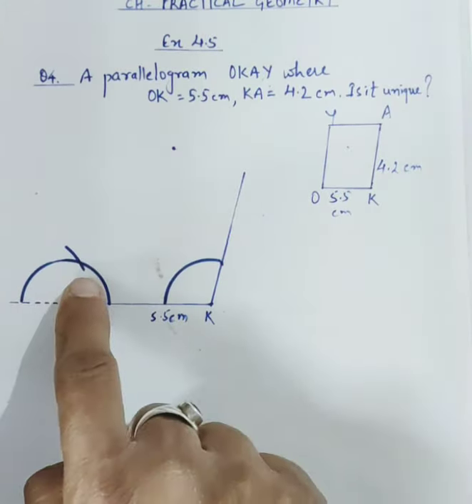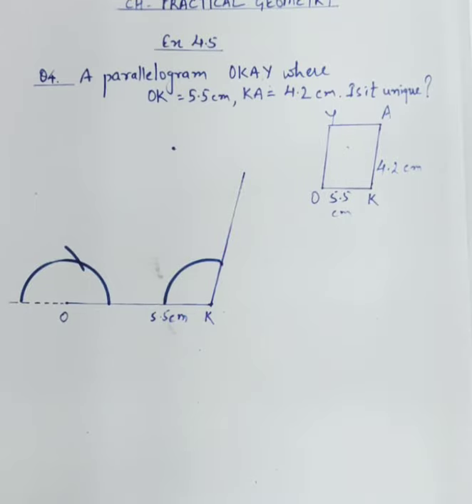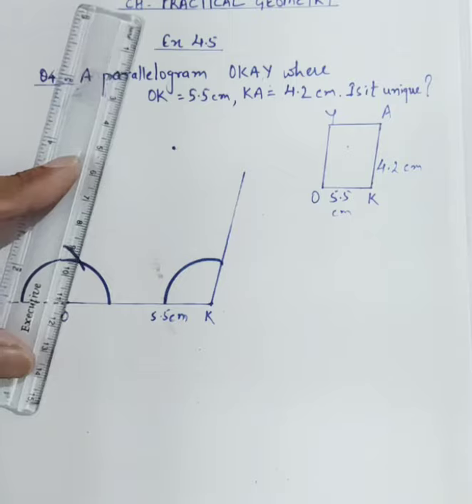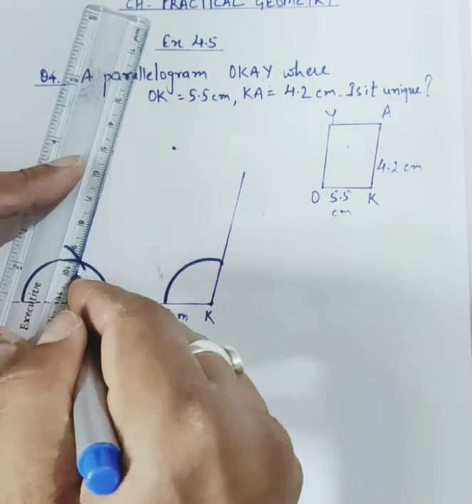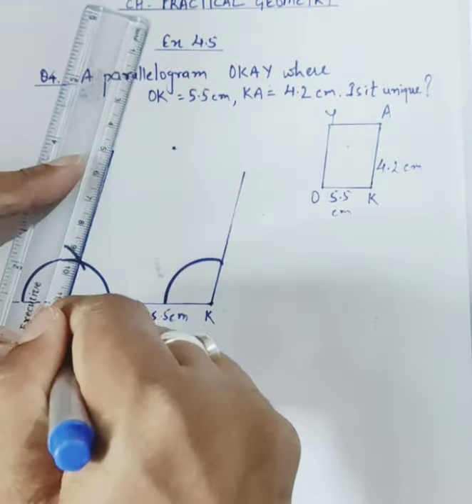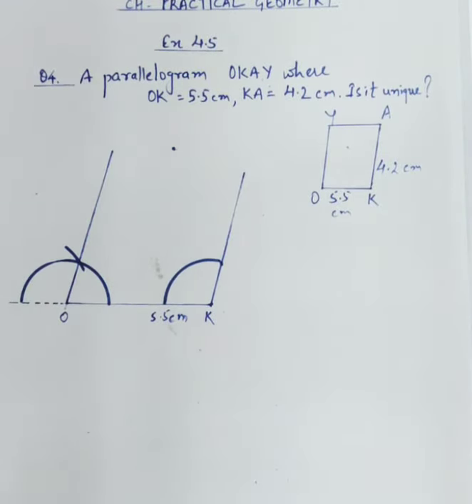The point where this arc will intersect, that point we will join with O by the help of a line. So you are watching that we have obtained a line. Now this line is parallel to the line which is passing from K.